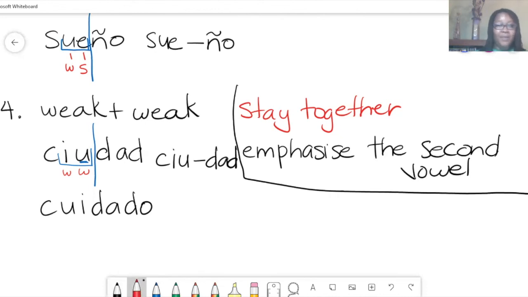The other combination for this category would be flipping them, because it's only two weak vowels that we have really. So let's flip them. So now we have the U in front of the I. Lo siento. The U is weak. The I is also weak. We know we cannot separate them. So our separation would be coming here.